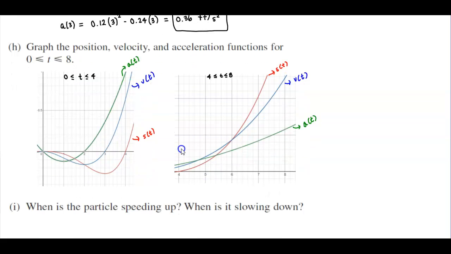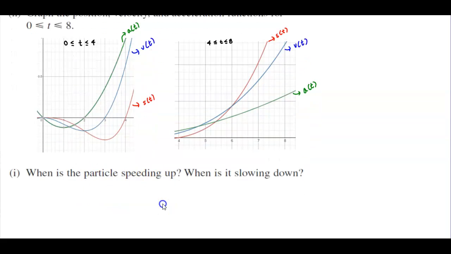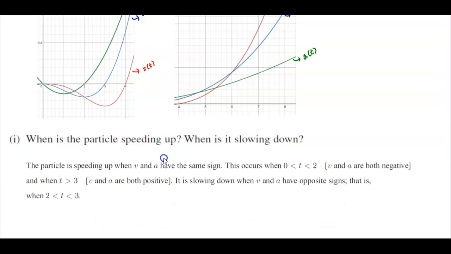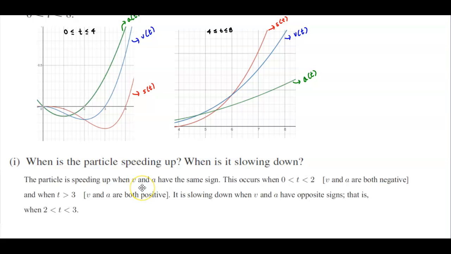So now that we have this information, we can find out when the particle is speeding up and when it is slowing down. Recall that the particle is speeding up when the velocity and the acceleration have the same sign.